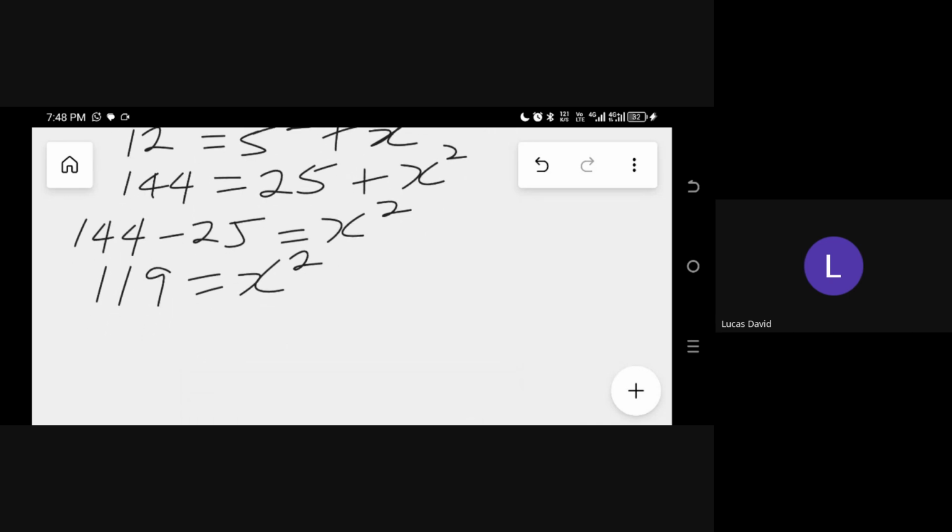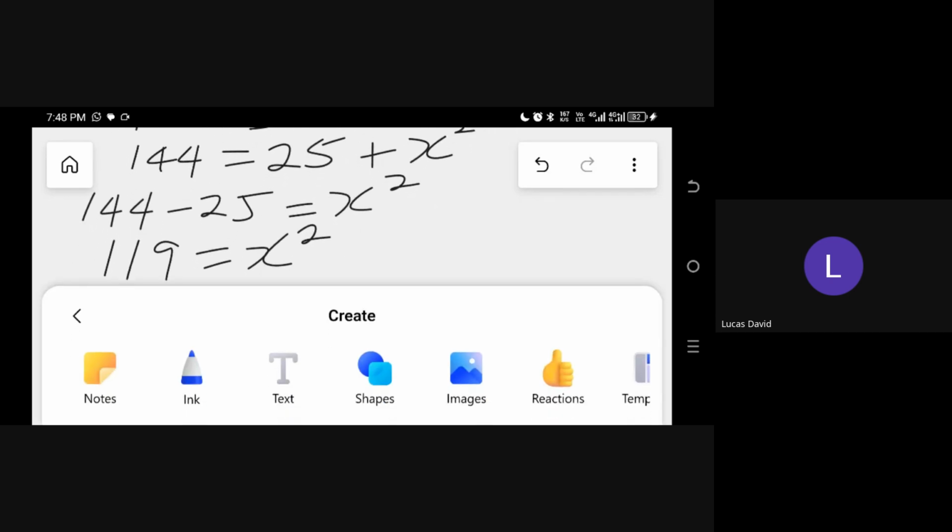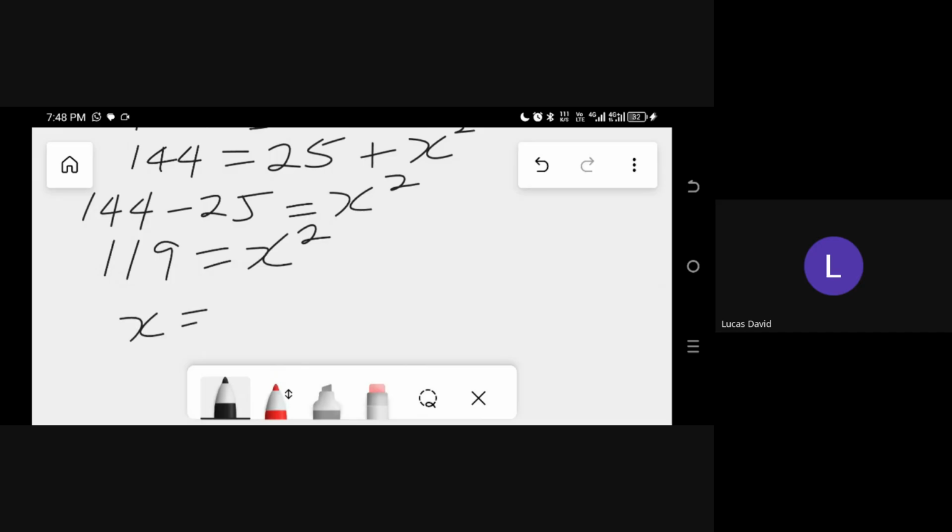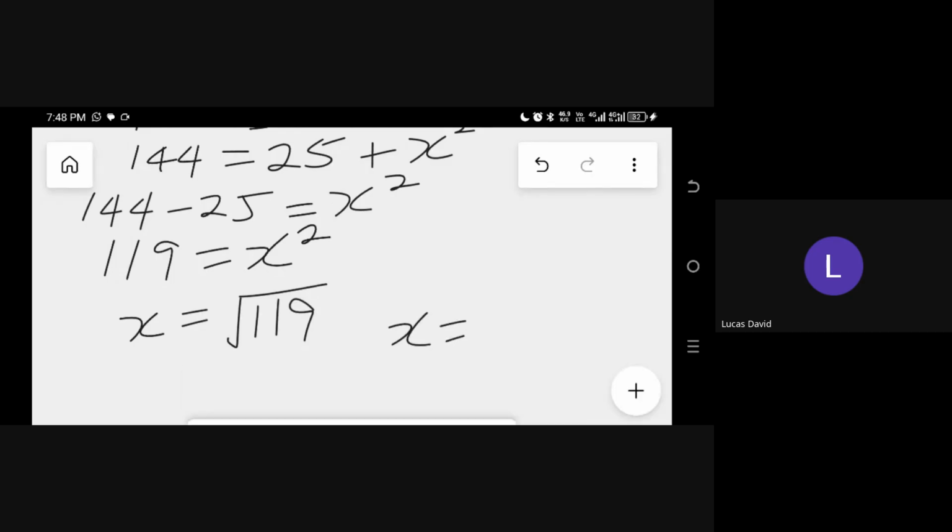And then to get the value of s, simply say that s is equal to the square root of 119. So what's the value of s? Square root of 119. What's that value?